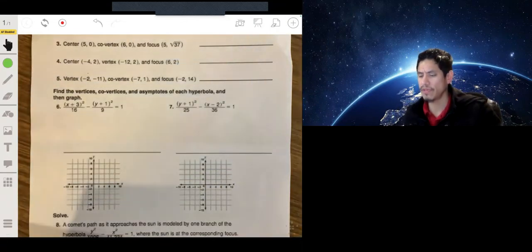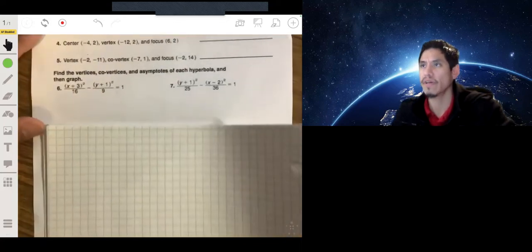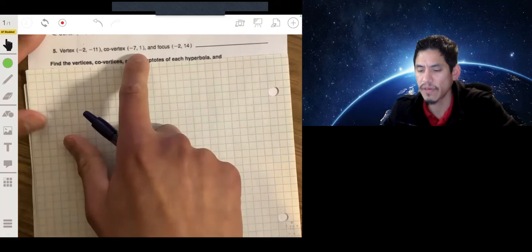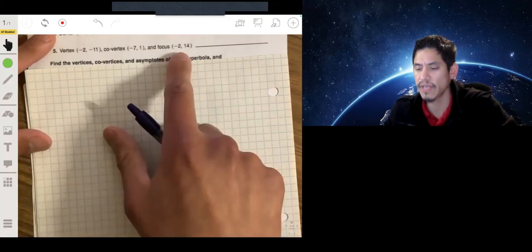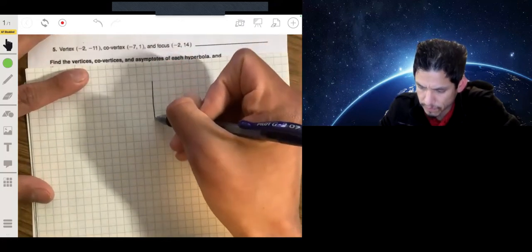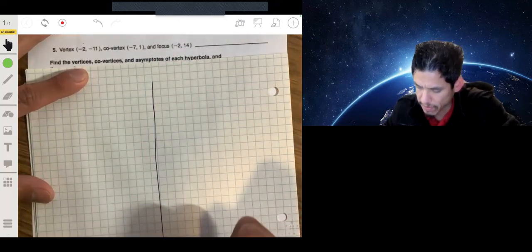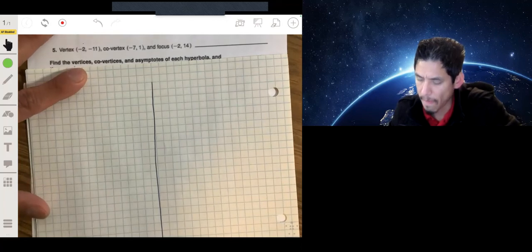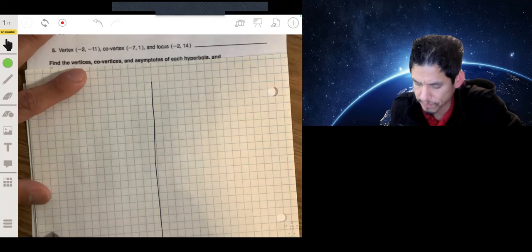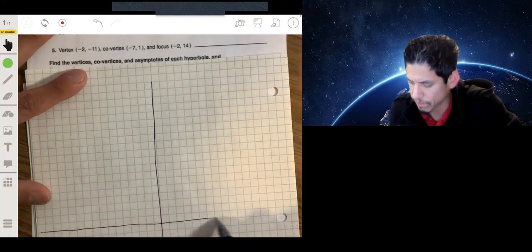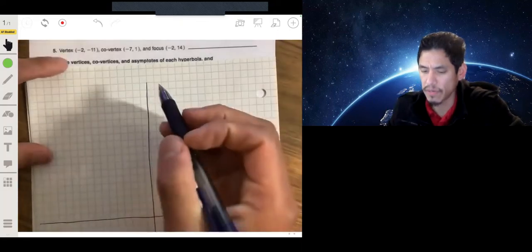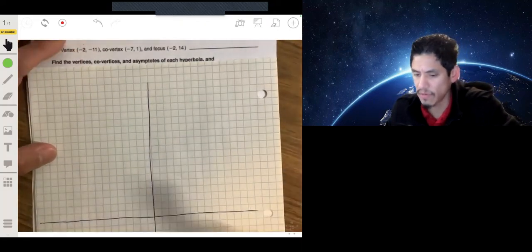Alright, so I'm going to do one more of these. Let me try number 5. So vertex at -2, -11. Co-vertex at -7, 1, and focus at -2, 14. It's going to be maybe taking the whole page.